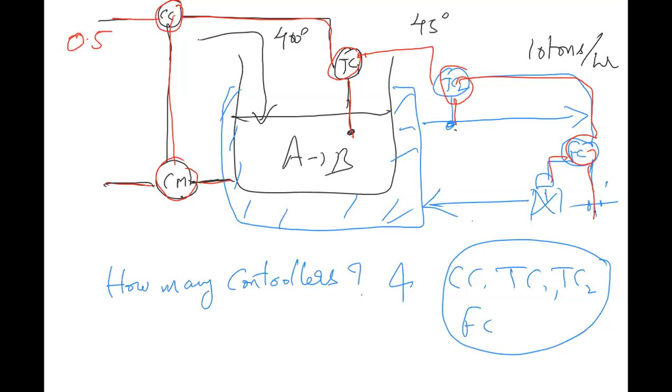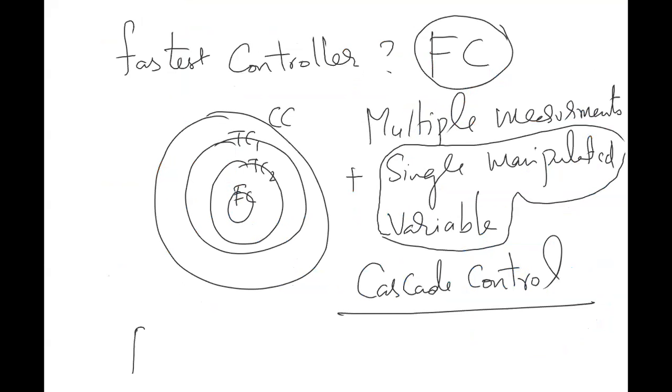And what are the questions that you see here? First question: what is the control strategy? Cascade control. What is the primary control variable?